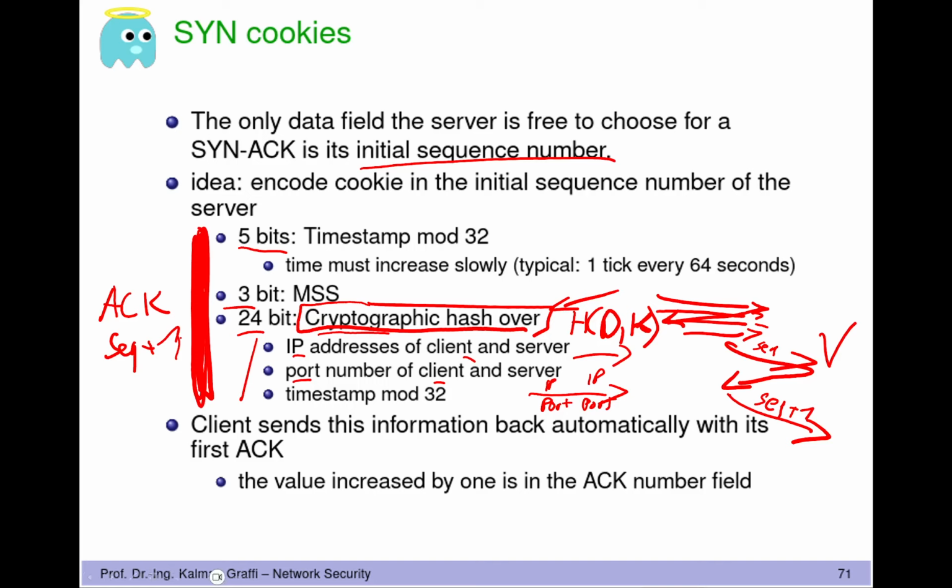But by being able to only take the information of the second message, we can verify that the first 2 steps have happened, although we did not store any information related to it. So by this, the attacker loses its capability to store data on our machine at no cost for him. Okay.